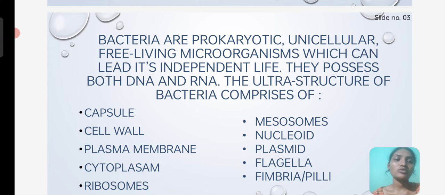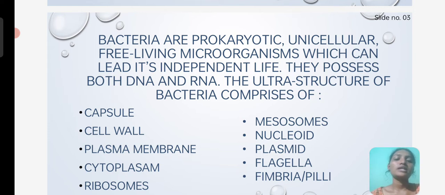The parts of the bacteria are capsule, cell wall, plasma membrane, cytoplasm, ribosomes, mesosomes, nucleoid, plasmid, flagella, fimbriae and pili. Every part has its function, and the main function is to support the life of the bacteria.